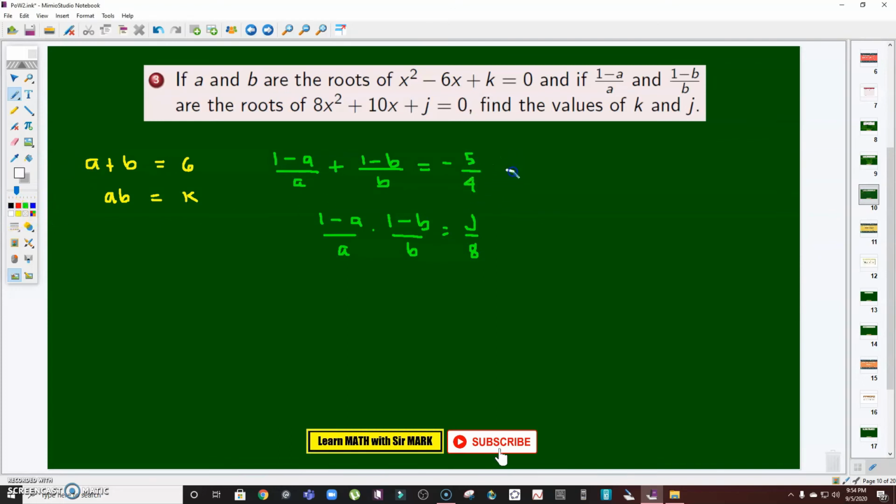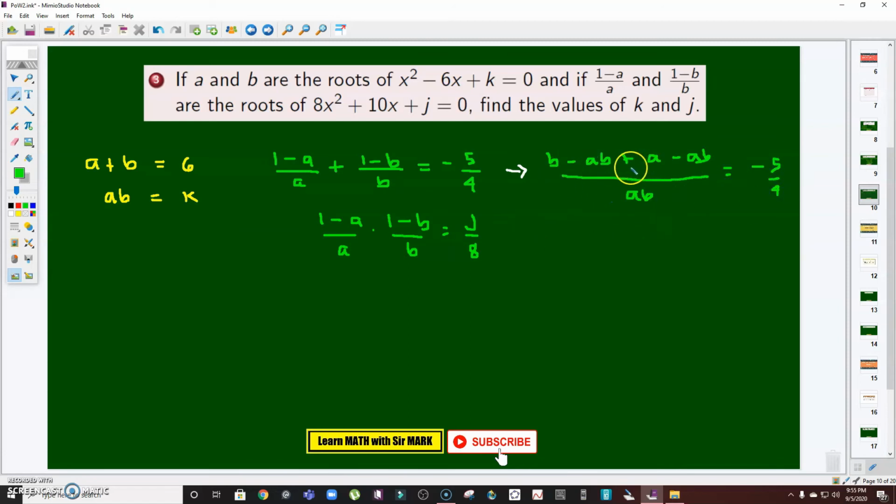Now, what I'm going to do is some manipulation on this first equation. I'm going to cross multiply: multiply the denominator b, so b minus ab, plus a minus ab, all over ab, that's equal to negative 5 over 4.